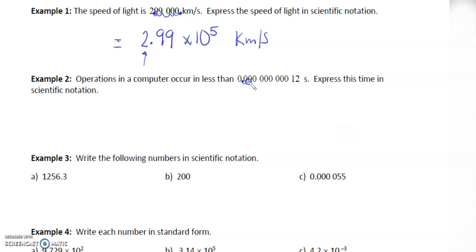So let's count. 1, 2, 3, 4, 5, 6, 7, 8, 9, 10. We want it right there. So our new number is 1.2 times 10 to the exponent. We moved it 10 times to the right. So now this is going to be 10 to the exponent negative 10. And that's measured in seconds.